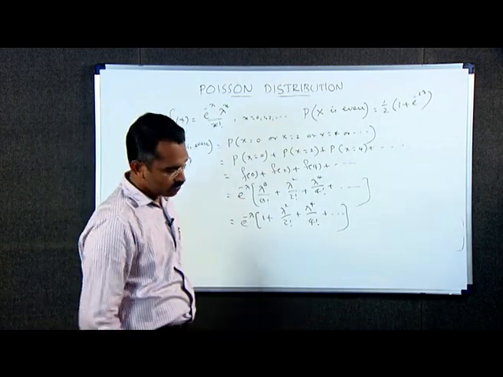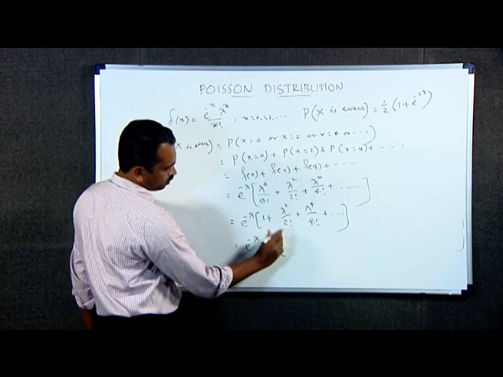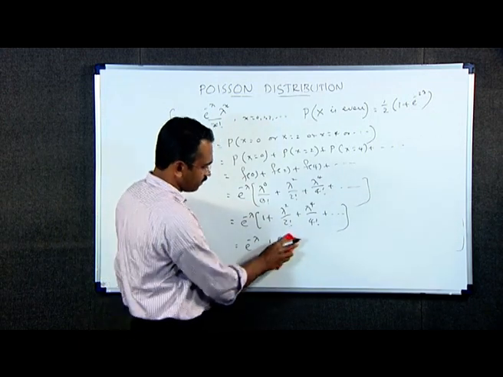which is equal to e raised to minus lambda into 1 by 2 into e raised to lambda plus e raised to minus lambda.